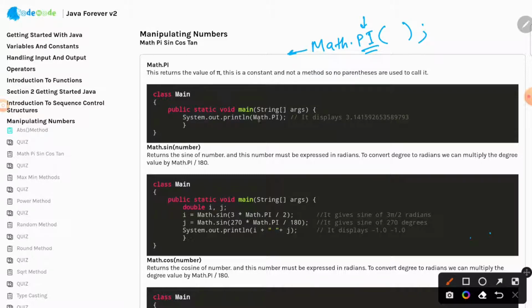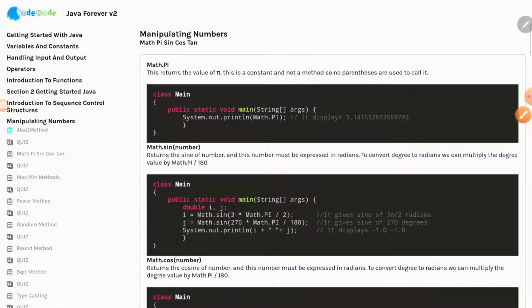And you notice pi, both letters are capital here. So it is important to know that math.pi is a constant in Java and returns you a value. Wherever we need to use pi or value of pi, for example, calculating the area of a circle, that's a classic example, you will be using pi.